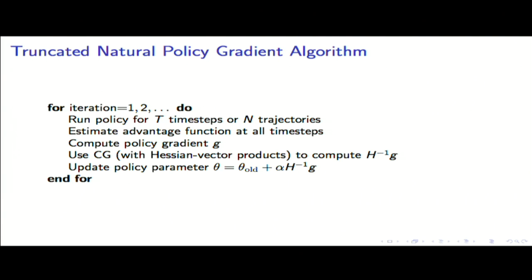Then you do conjugate gradient using Hessian vector products to compute this step of the form H inverse g. And then you scale it by a step size alpha, so that your new policy is obtained by taking your old policy and adding this term alpha H inverse g. Any questions?